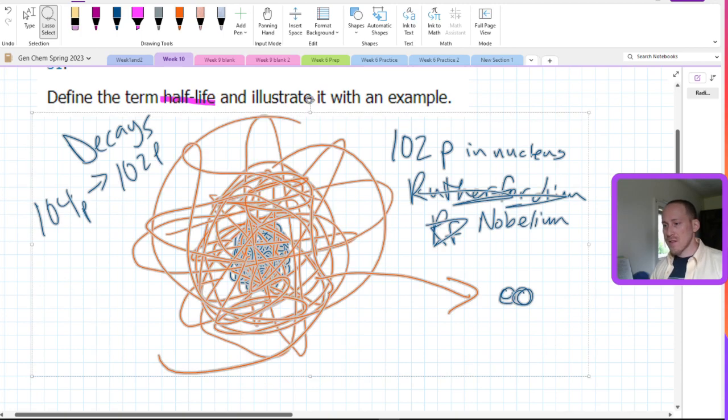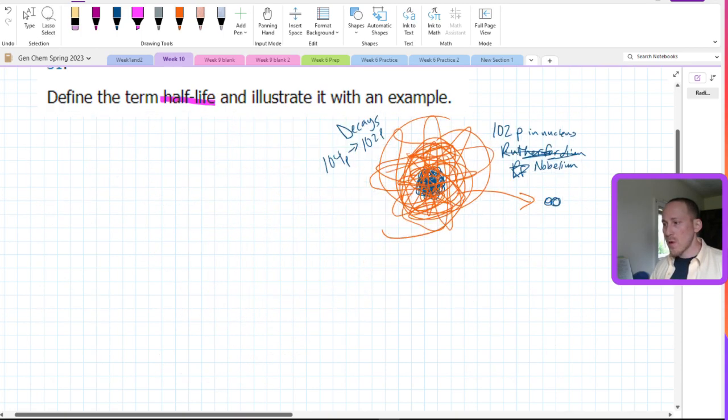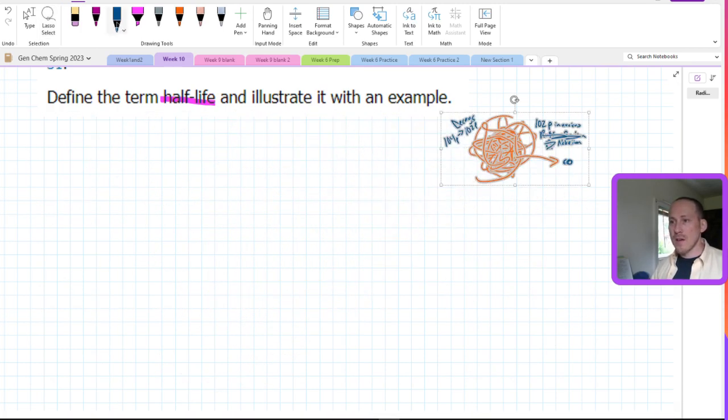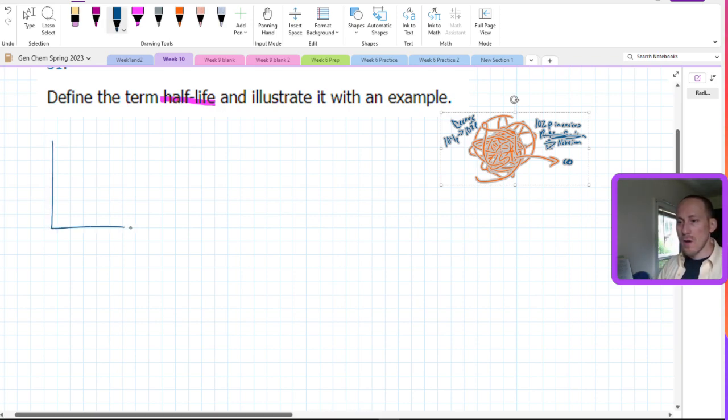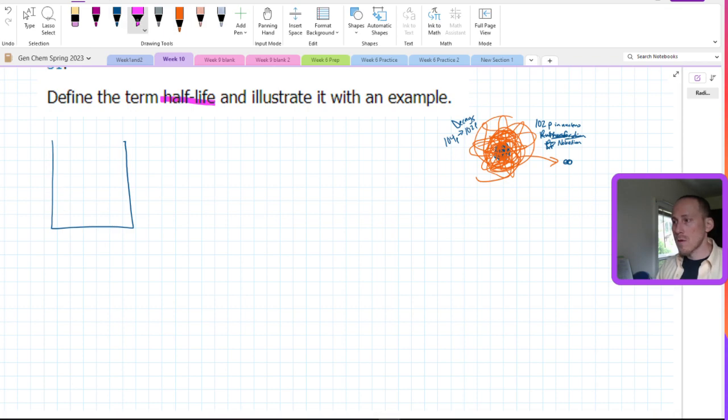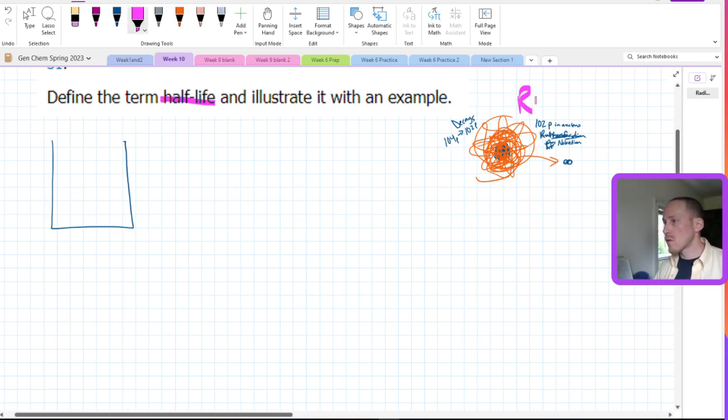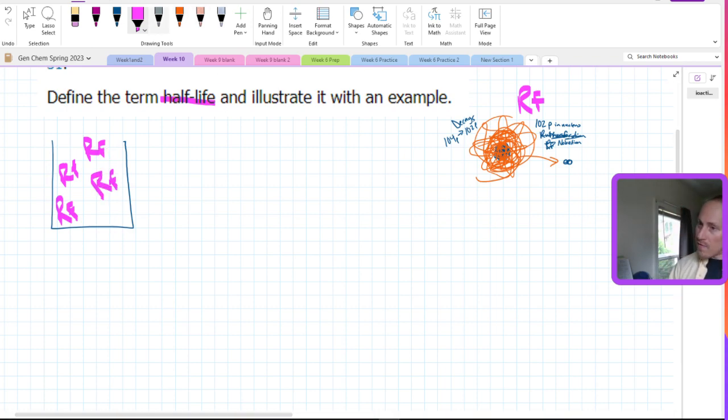Because let's say that we had a cup full of like 10 Rutherfordiums. What was RF like that? We've got like 2, 3, 4. Let's do 4. We have 4 in there.